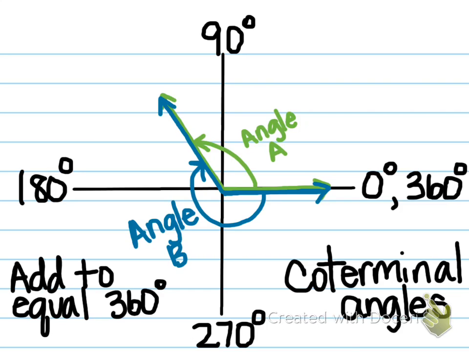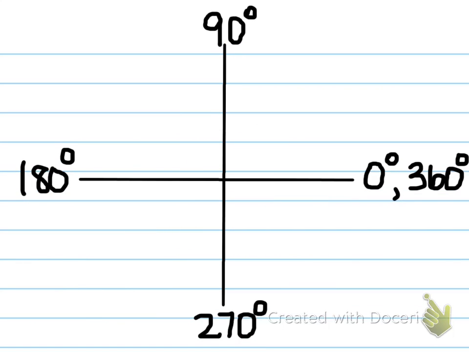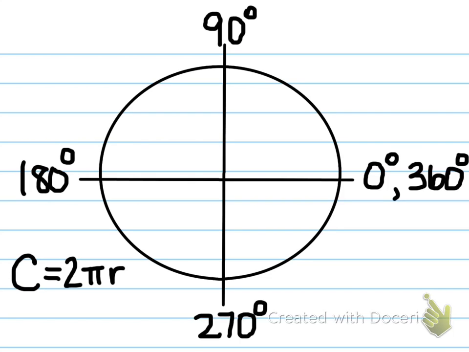Well, there's another measurement that we use in trigonometry called a radian. So we're going to look at how a radian comes about and how we can equate radians and degrees together. Okay, so let's start with those same measurements on the coordinate plane, and I'm going to throw a circle on this coordinate plane.